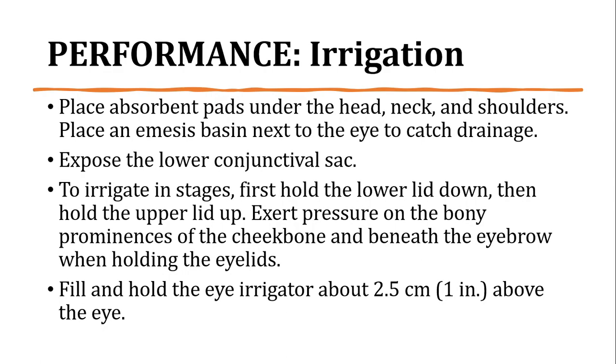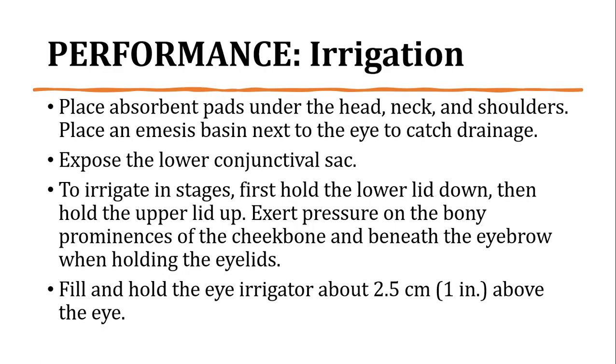Kailangan natin mag-place ng mga absorbent pads dito sa mga parts na to, para if ever mag-leak yung irrigation solution after leakage from the eye, makakatch nila para maiwasan yung pagkabasa ng damit ng client or the bed. Then the emesis basin is placed next to the eye to catch the drainage because after irrigating the eye, magli-leak yung solution, kaya kailangan may magkakatch sa kanya.